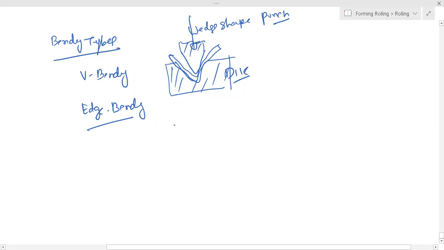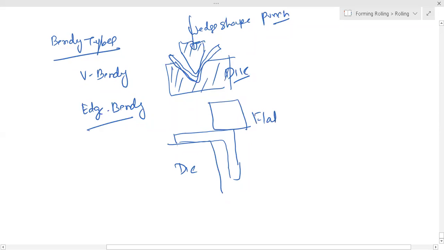Then edge bending means you have one die like this, and you have sheet metal, and you have a flat punch, and this is only for 90 degrees. So this is your die, this is your punch.